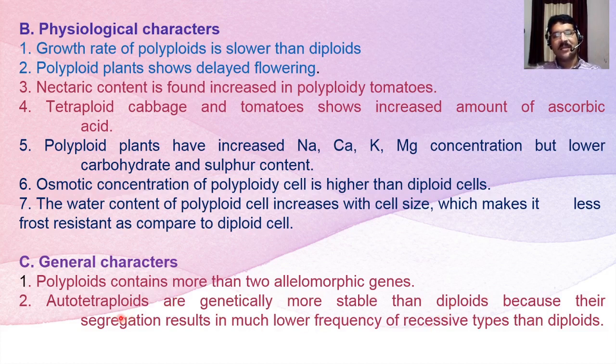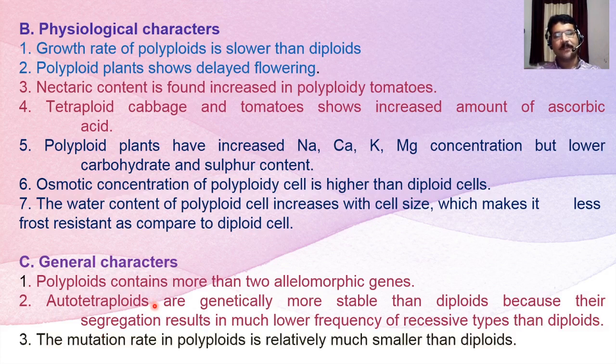Why? Their segregation results in a lower frequency of recessive types than diploids. So there is a lower frequency of recessive types as compared to diploid, and so these autotetraploids, or we may call them polyploids, are genetically more stable.